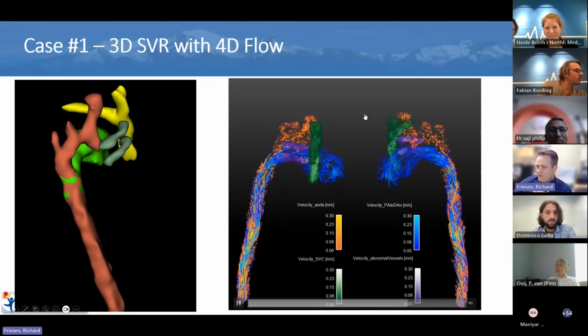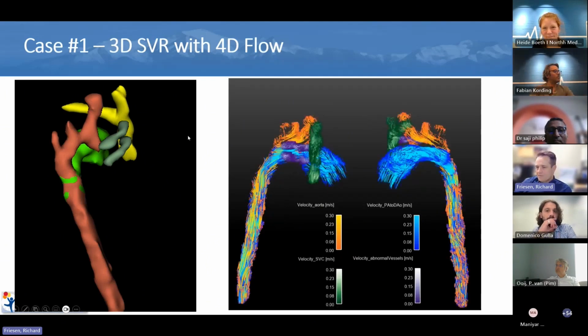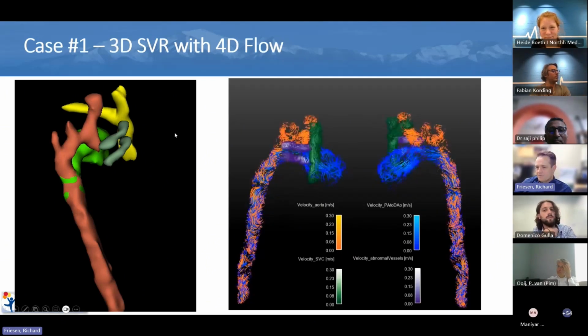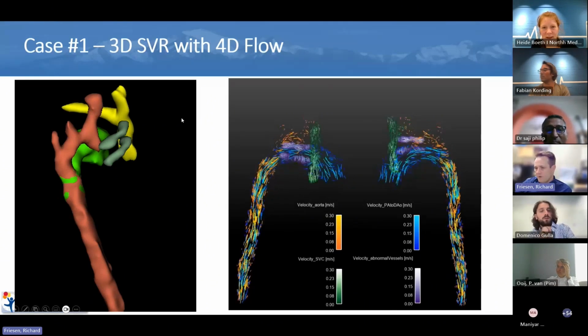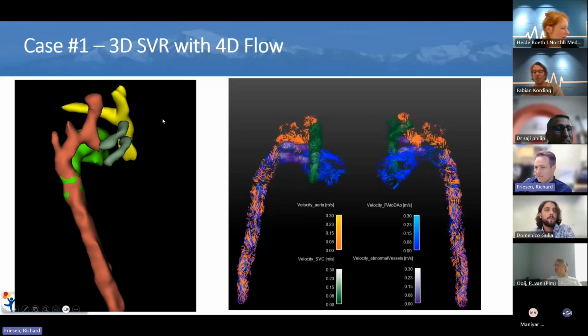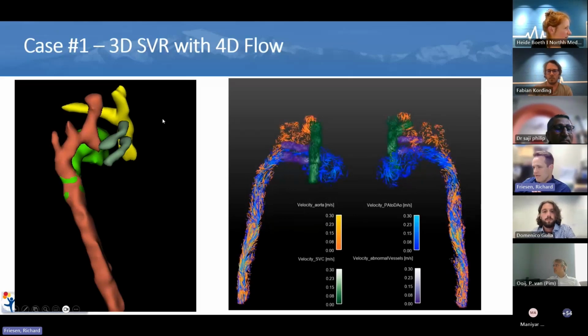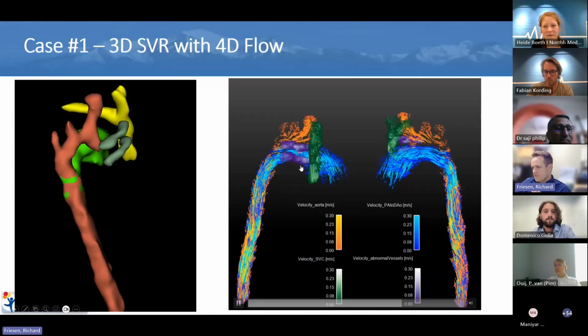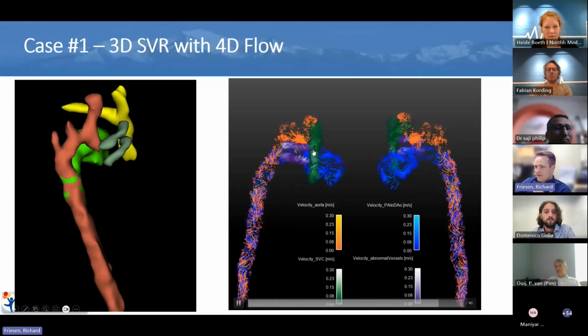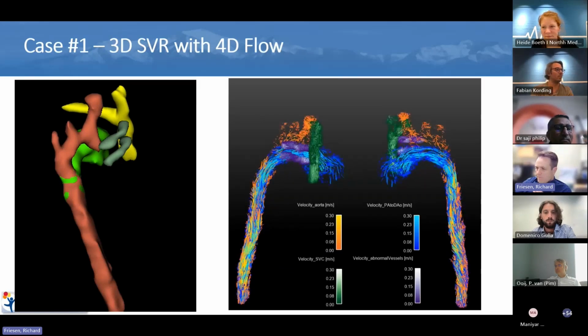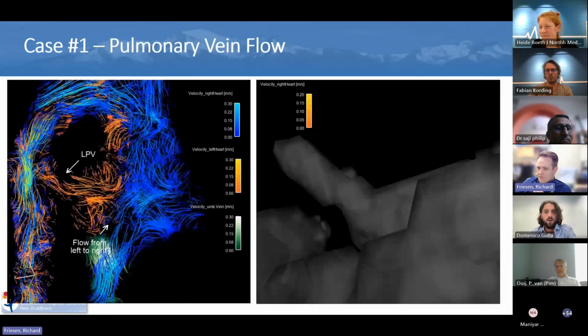So when we add the 4D flow to that, this helps us register. Sometimes it's not entirely clear just from the 4D flow images, so often we will co-register the black blood images with this to better delineate the anatomy. We see these two venous vessels inserting into the SVC, consistent with what we saw by echo and with our other images.